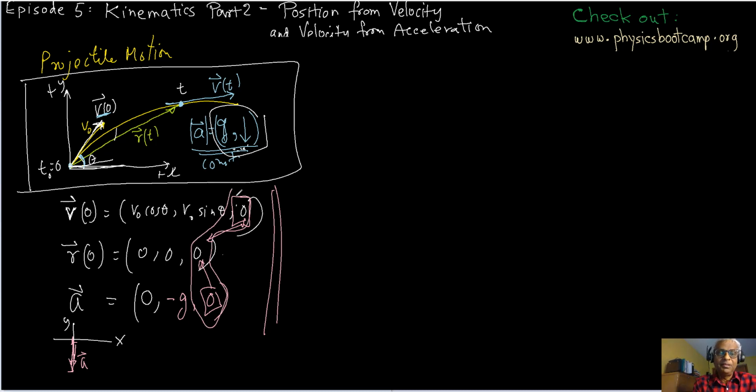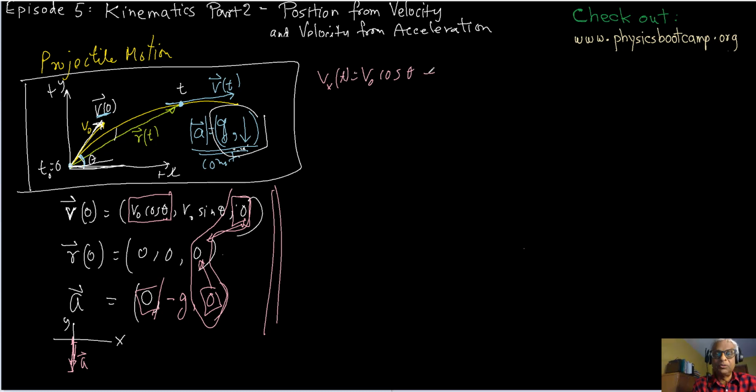Okay, so let's look at the x part. The acceleration is 0, so this velocity doesn't change. So all I have to do is v0 cosine theta is vx of t.